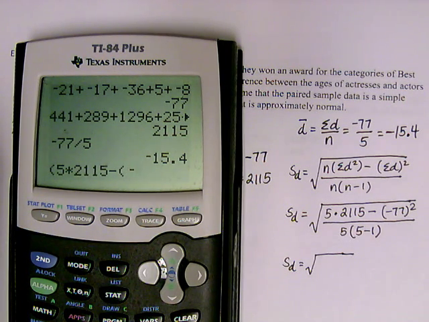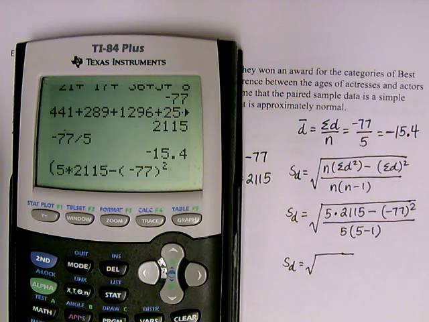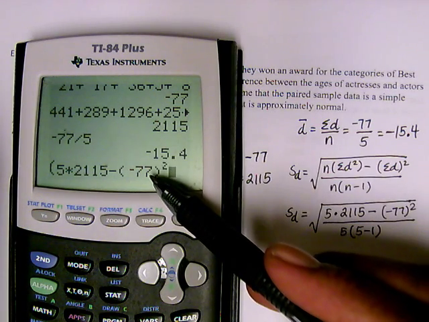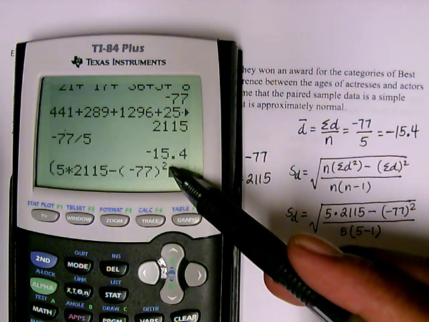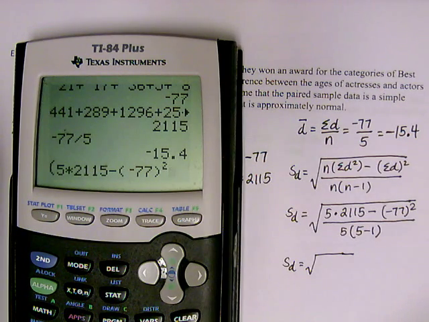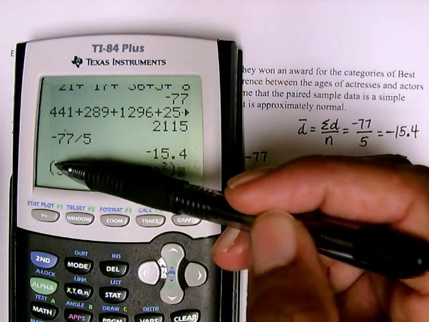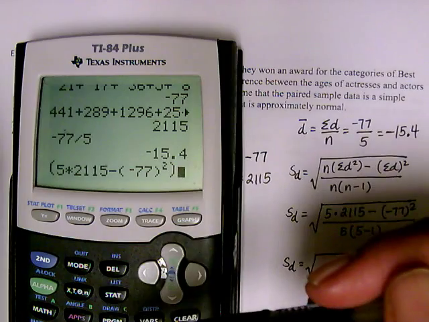So left parentheses, negative 77, close your parentheses around the negative 77, and then you square it. Had I left those parentheses off, I would have gotten the wrong answer, because what it will do is take the 77 and square it, and whatever that is, it'll give it the sign of the negative number. And then I'm going to close the parentheses, because I opened the parentheses right here to begin with.